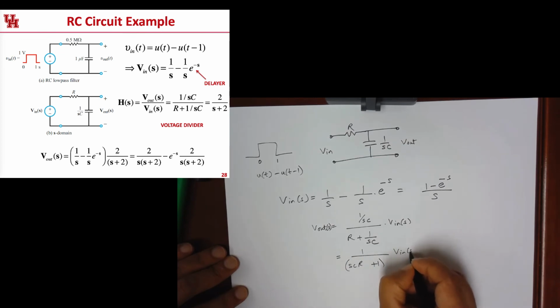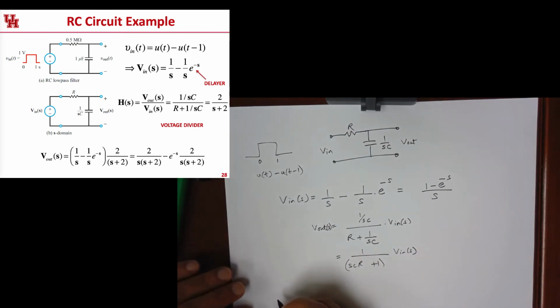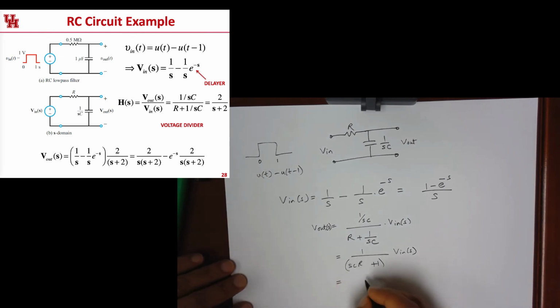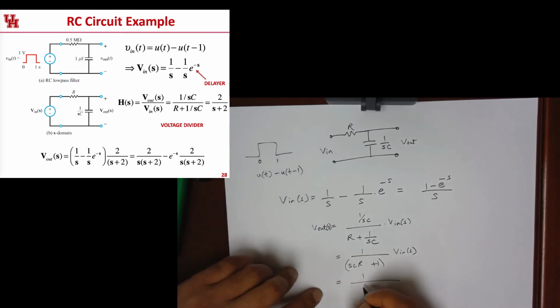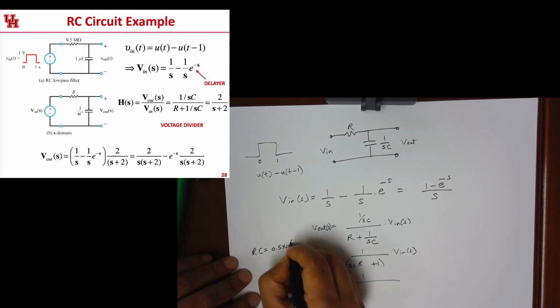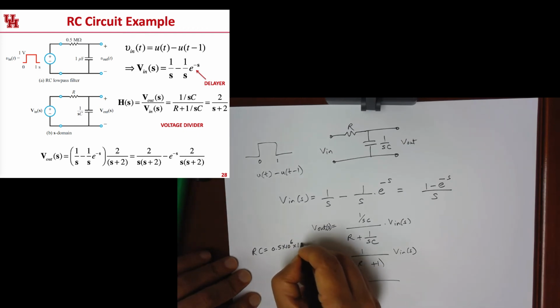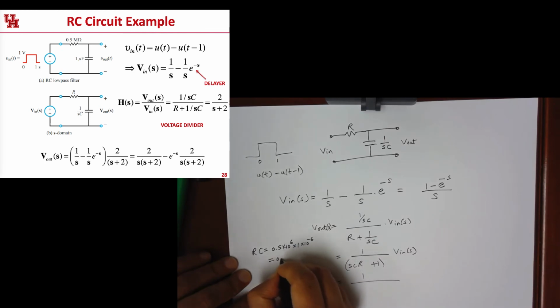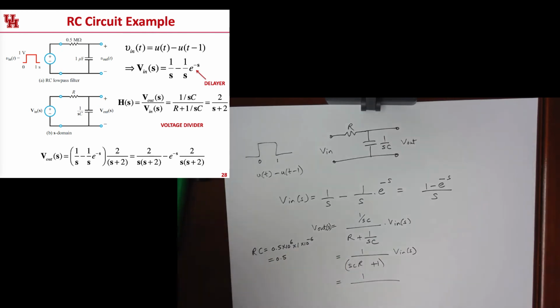Vin of S. So my output is going to be, right, now my RC value for this circuit is going to be 0.5 mega ohms times 1 microfarad, in other words 1 millionth of a farad, right? So this is going to be equal to 0.5, right?